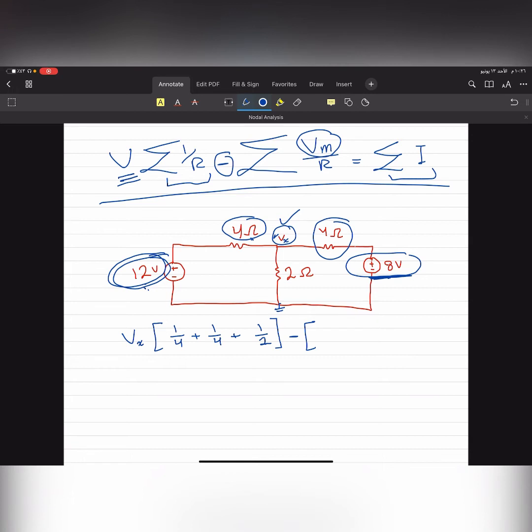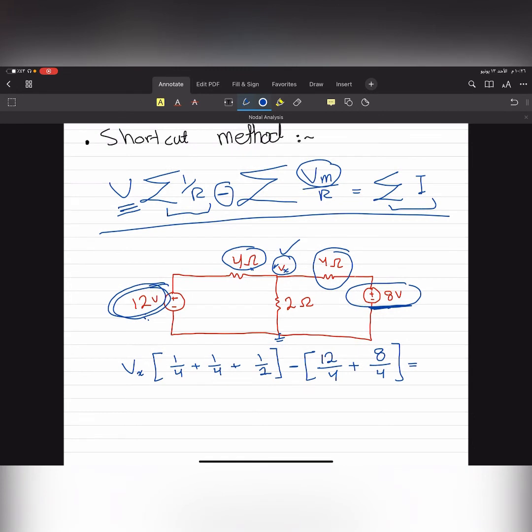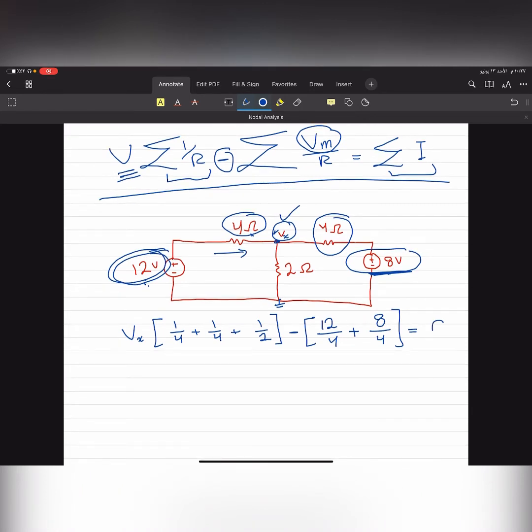So for the mutual voltages, I will write 12 over 4 plus 8 over 4. That all equals the summation of the current. Is there any current entering this node? I know there is a current coming here, but I'm talking about current sources. There is none, so I will say 0.